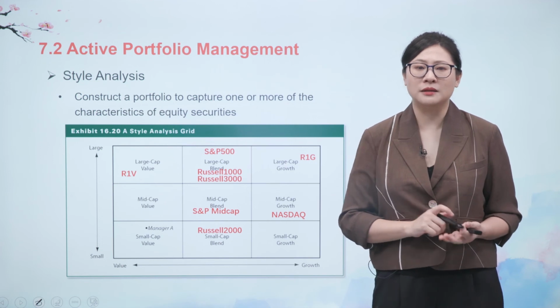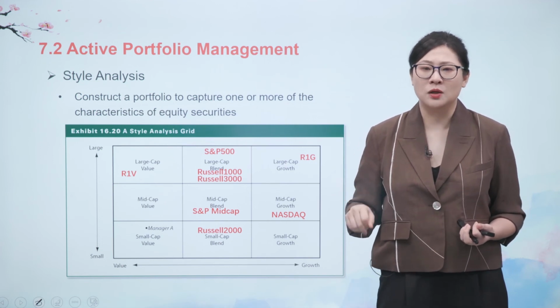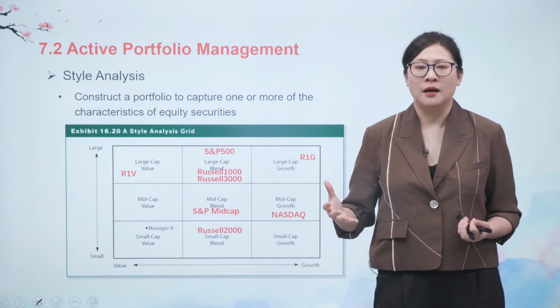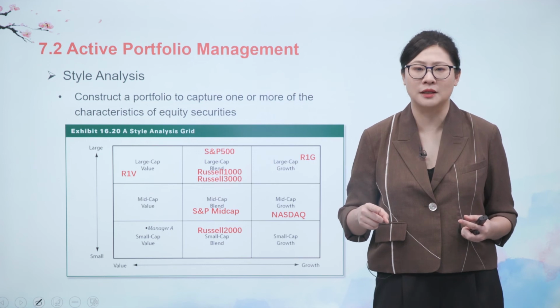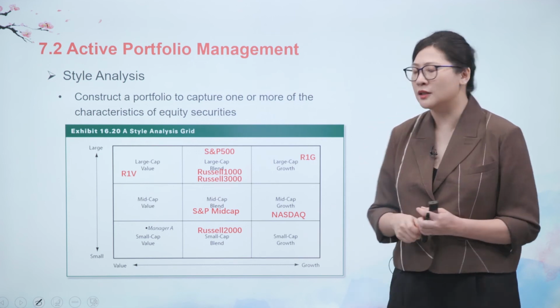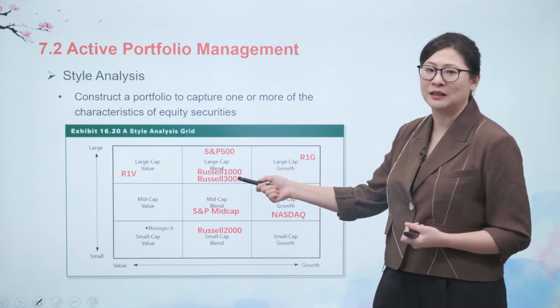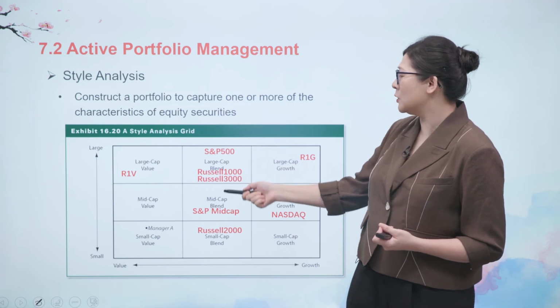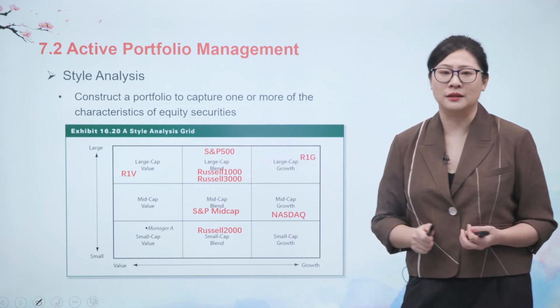And for Russell 1000, that is based on the Russell 3000. From these 3,000 stocks, we choose the top 1,000 stocks which have the largest market capitalization. So Russell 1000 is on top of Russell 3000. It's also in the large cap blend.